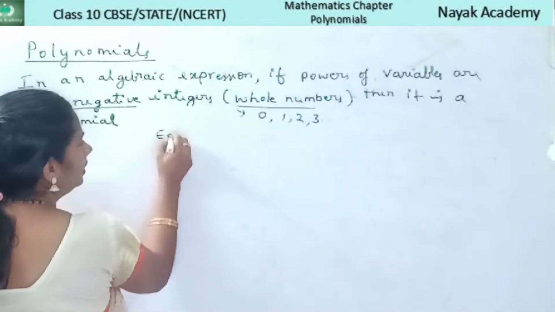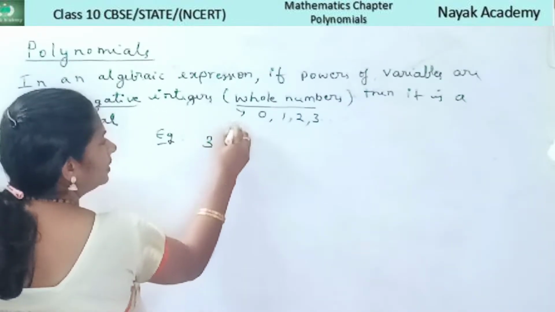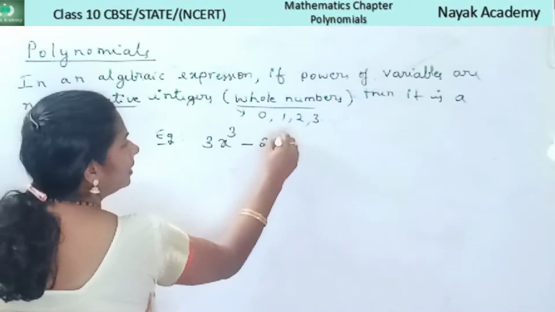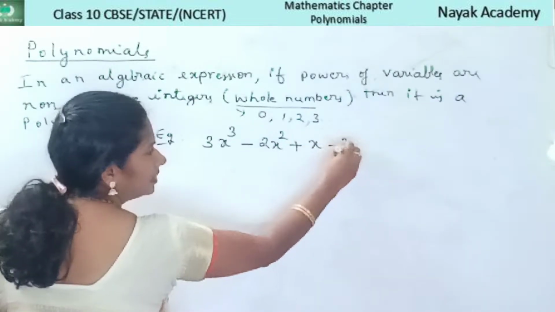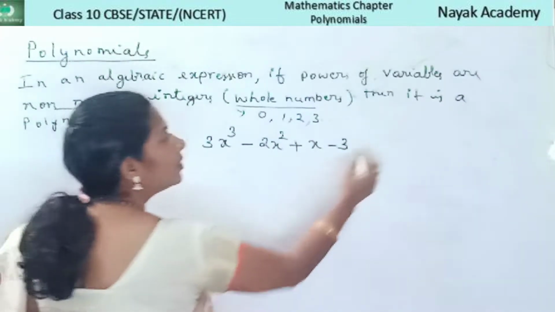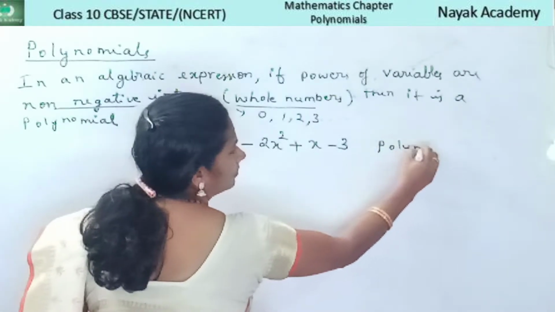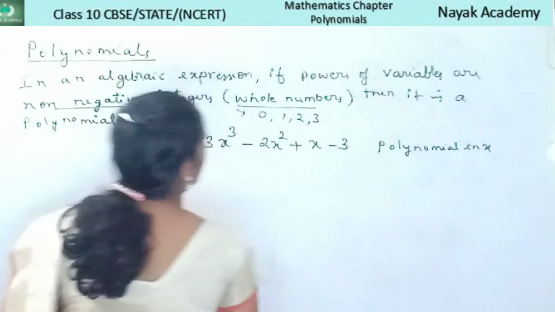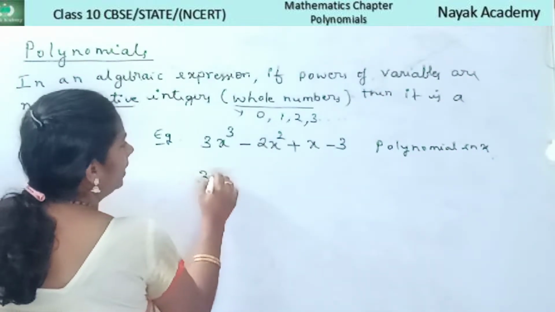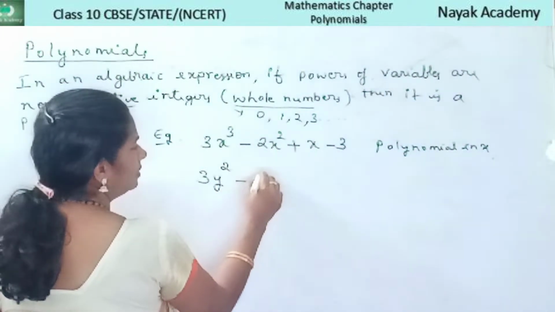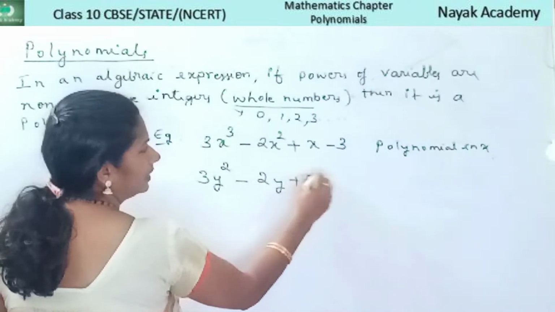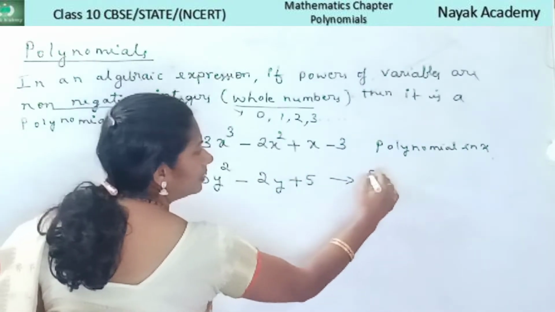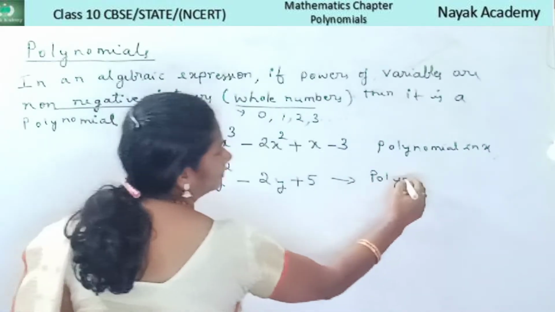For example, 3x to the power 3 minus 2x square plus x minus 3. This is an example of a polynomial in x. If I write 3y to the power 2 minus 2y plus 5, this is a polynomial in y.